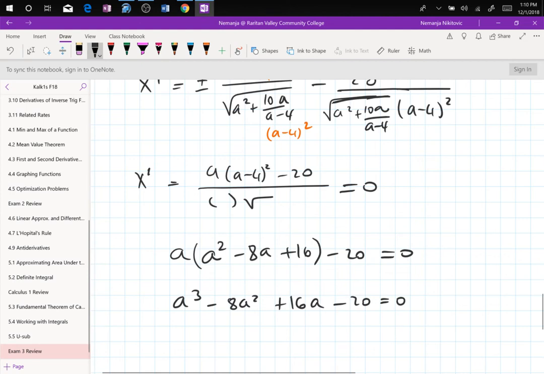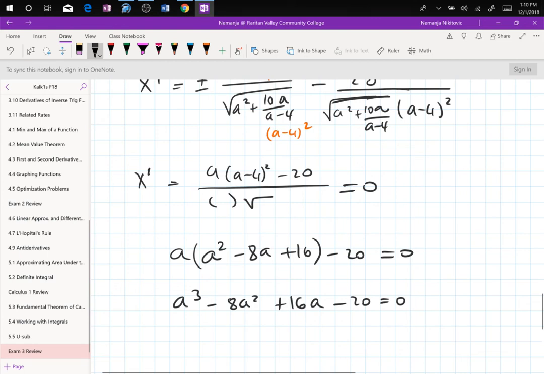And since this is a polynomial of the third order, can we easily factor this? No. How about 8 and 20? No. So let's see what Wolfram Alpha says.